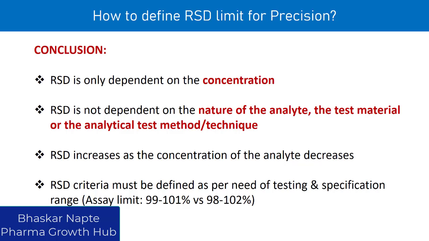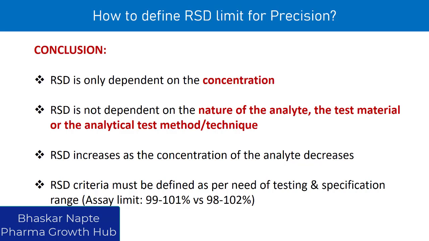Of course, the first one, that is 99 to 101%. The second acceptance criteria for the assay, 98 to 102%, is quite relaxed. Now, if you go back and check the predicted RSD requirement for the 100% concentration, it is from 0.5 to 2. So it can be as low as 0.5% and as high as 2%.